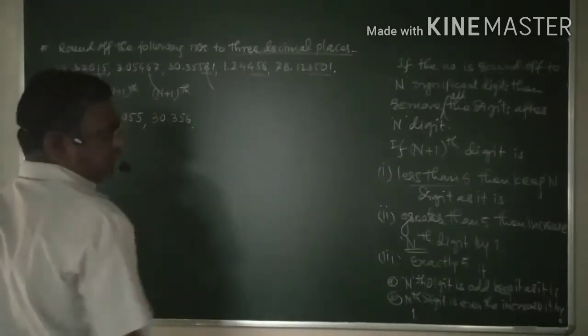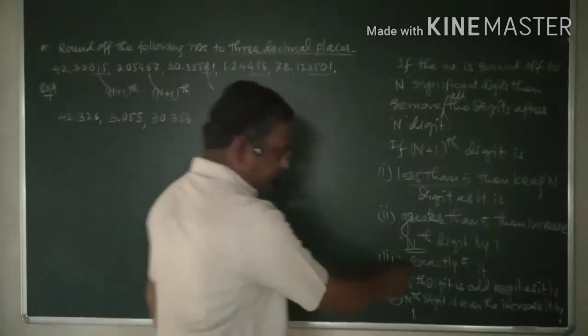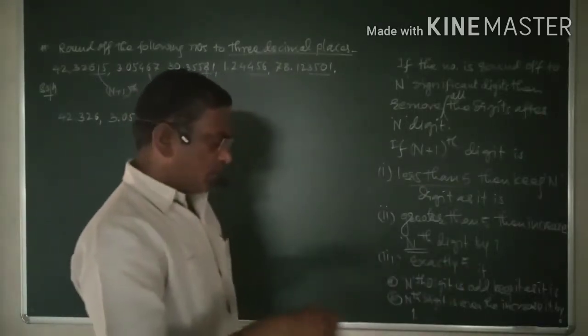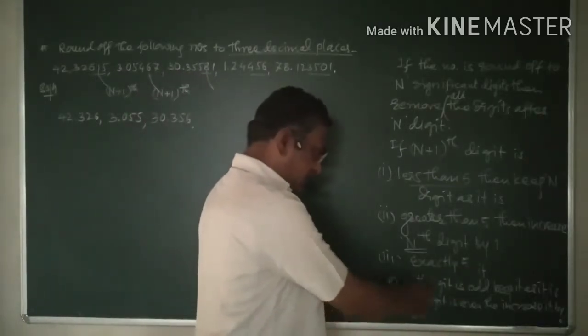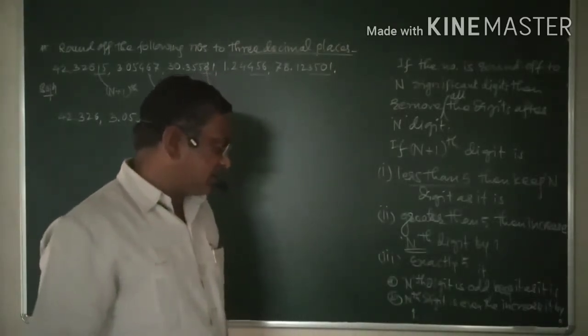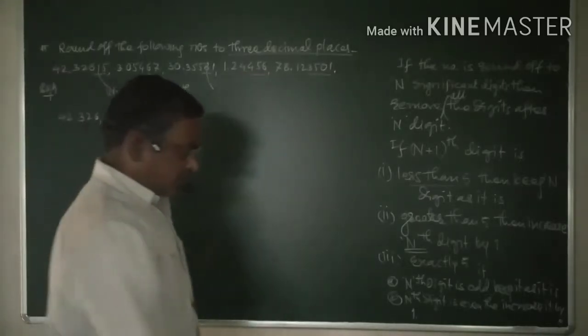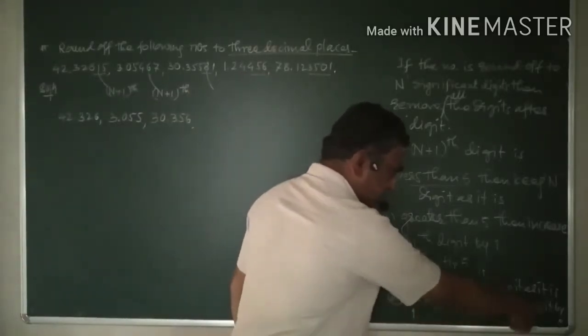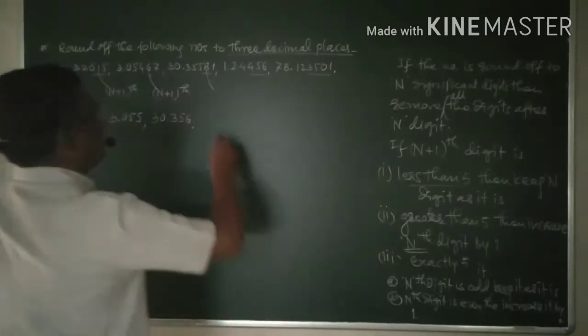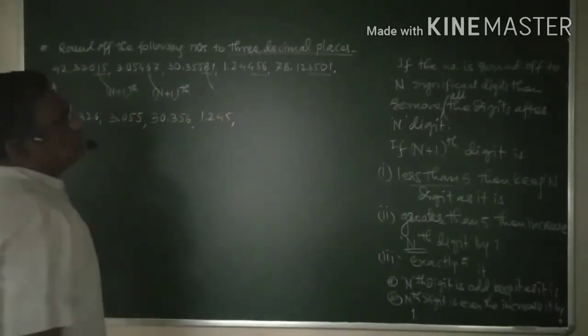This is exactly 5. And if exactly 5, then you should have two cases, that is, the nth digit is odd and the nth digit is even. Now here it is exactly 5 and the nth digit is even, therefore it is increased by 1. Therefore 1.245.